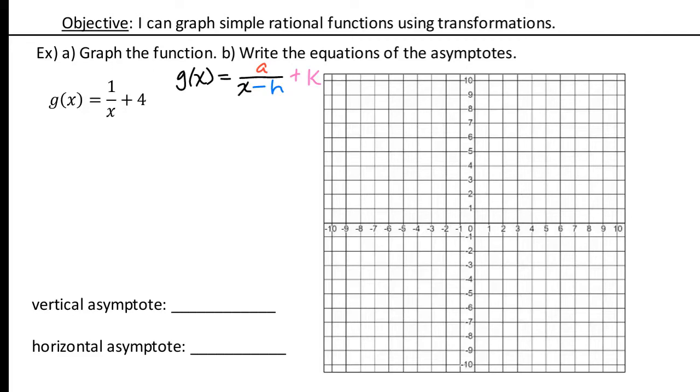Okay, so if I look at the function for g of x that I have, my a value is going to be in the numerator. So notice on top of my fraction, I have a 1. So that's going to be my a value. I have a is equal to 1.